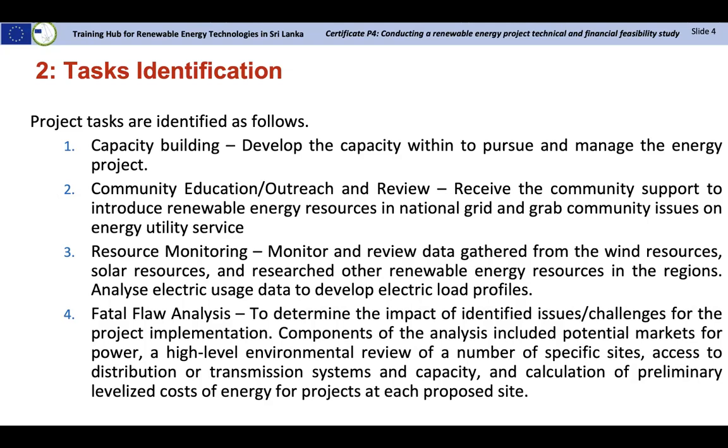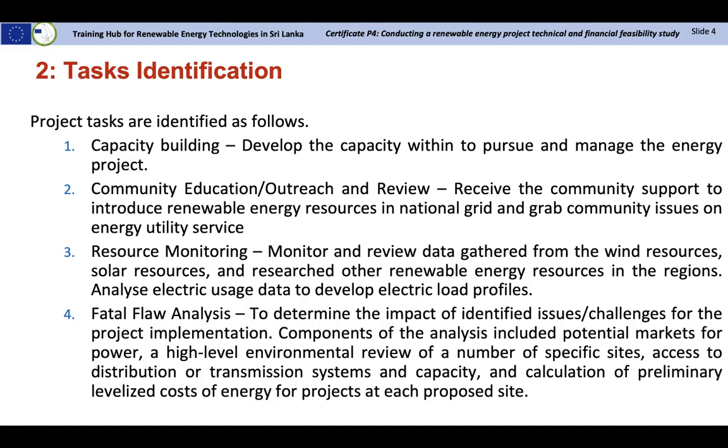Having interactions with the community and the project is very important because their support matters a lot in commissioning the power plant, because we are going to provide them the energy and they should be willing to be the consumers of the power plant. And then resource monitoring.